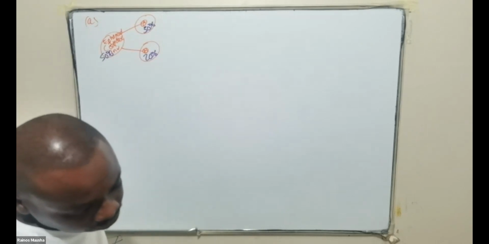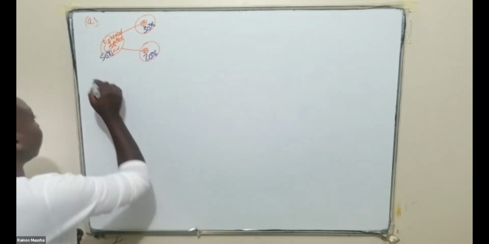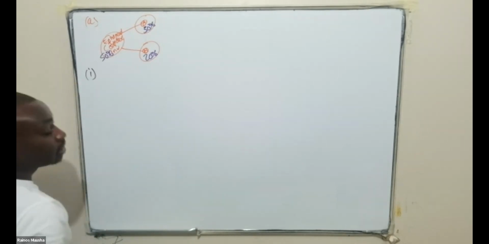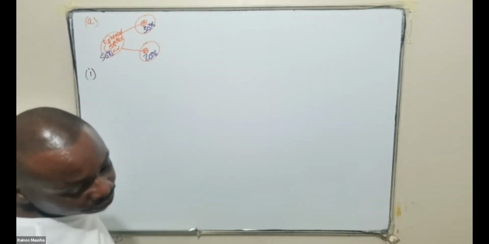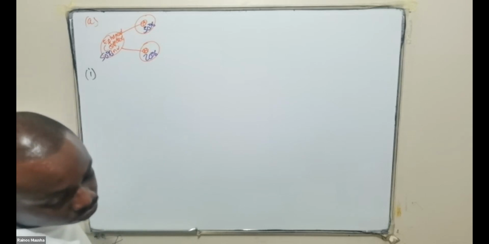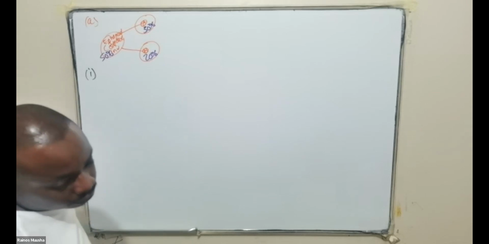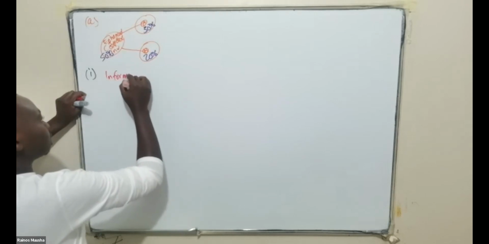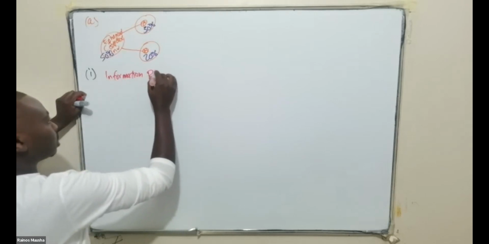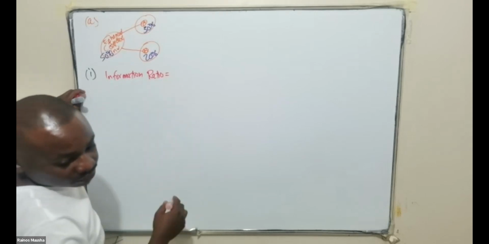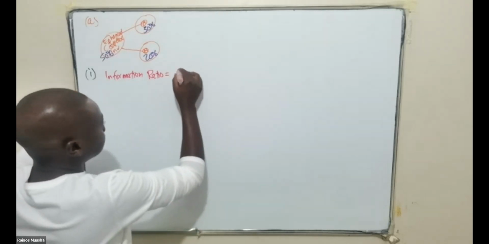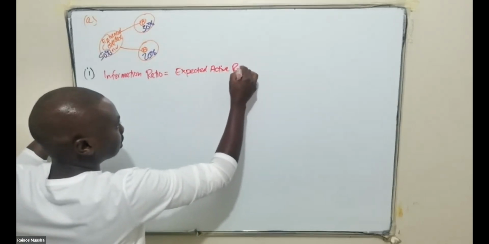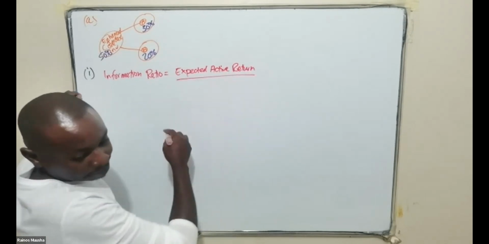So looking at part A of the question, part one, they are asking us to calculate the information ratio of the core satellite portfolio, right? To determine the information ratio of this portfolio, the information ratio is given as the expected active return divided by the active risk.